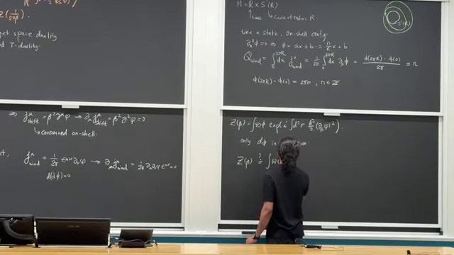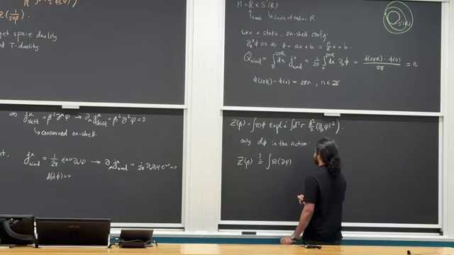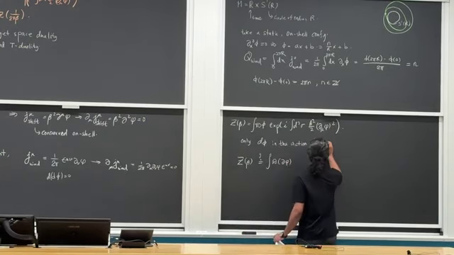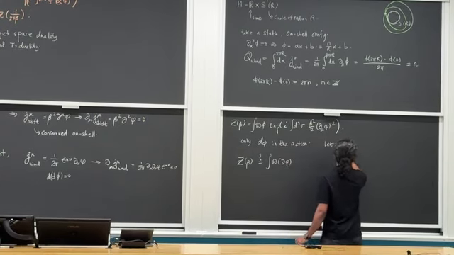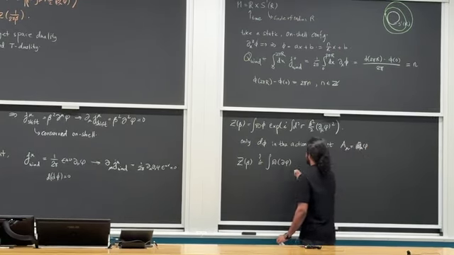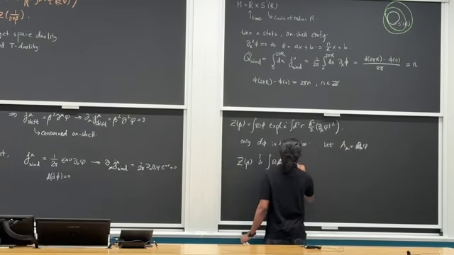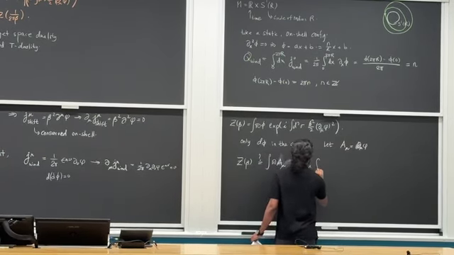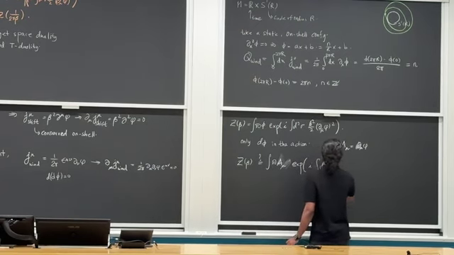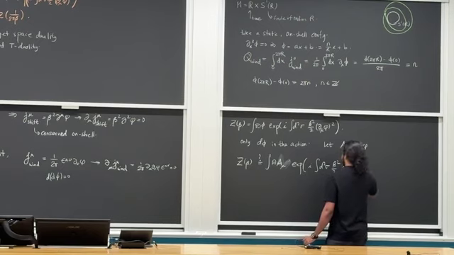So let's imagine that we are integrating over d phi, or let's call A mu equal to d mu phi, then I will integrate over A mu, exponential of integral d2 sigma beta squared by 2 A mu A mu.